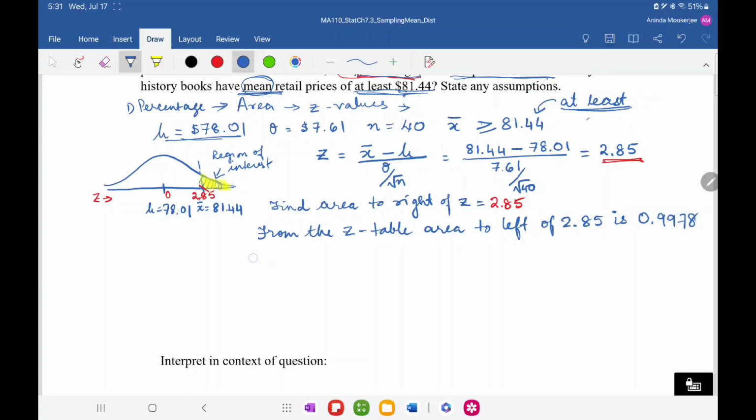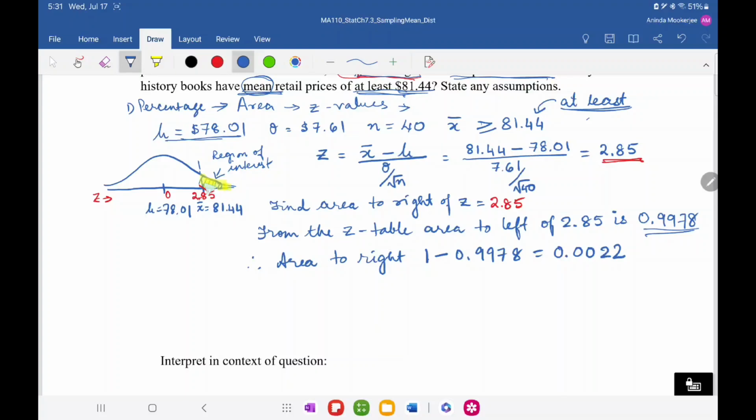Therefore, the area to the right is going to be 1 minus the area to the left, which is 0.9978. So we get a very small value, 0.0022. All right, so that's the area to the right.